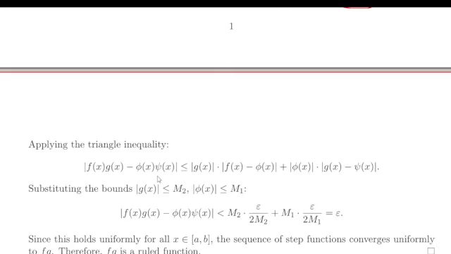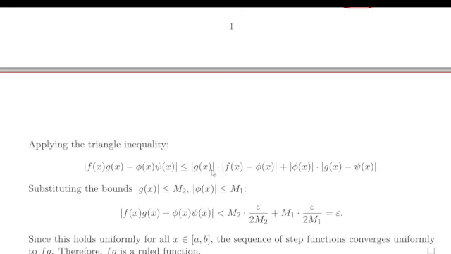So the absolute value of f of x times g of x minus phi of x times psi of x is less than or equal to the absolute value of g of x times the absolute value of f of x minus phi of x, plus the absolute value of phi of x times the absolute value of g of x minus psi of x. And now we can substitute the bounds.